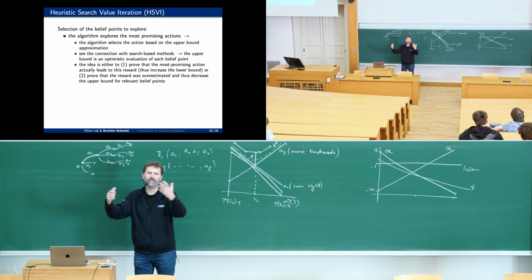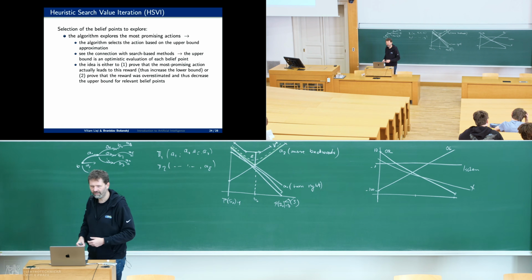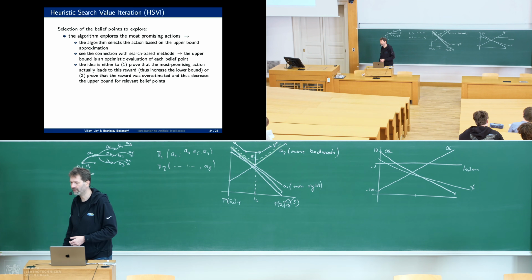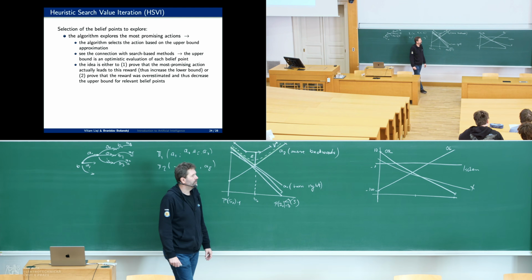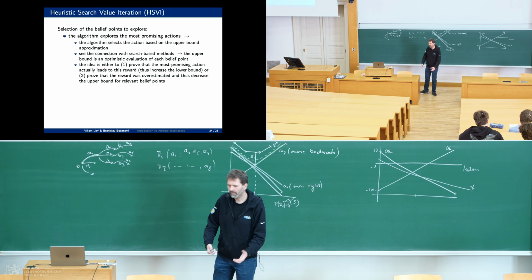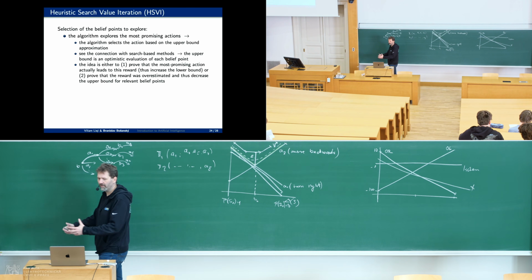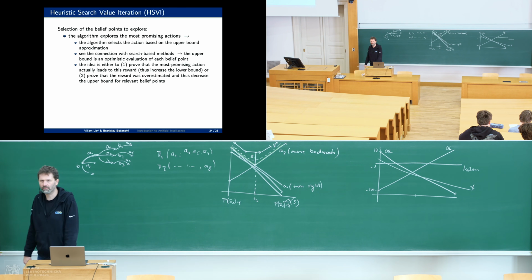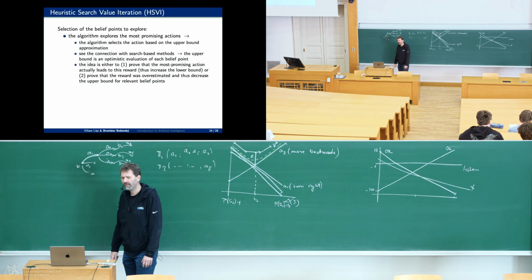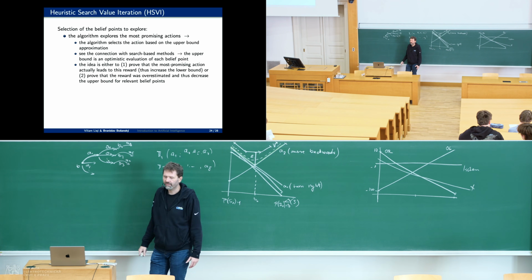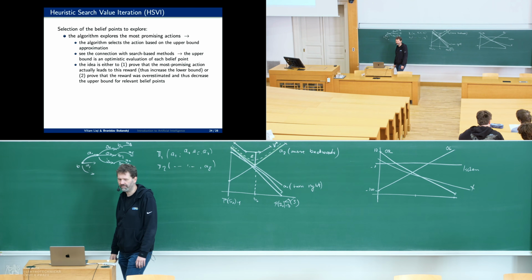We will find out, okay, this was too optimistic, this is not correct. We will decrease the upper bound for those particular belief points, and we will go search elsewhere. In this way, we are guaranteed that we will not miss the optimal solution, because we know what the bounds are and whether there is some space to look for a better solution or not. And also we always have some basic solution that we are trying to improve over time.